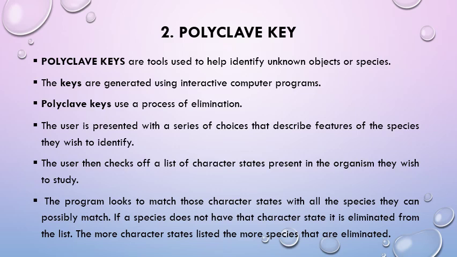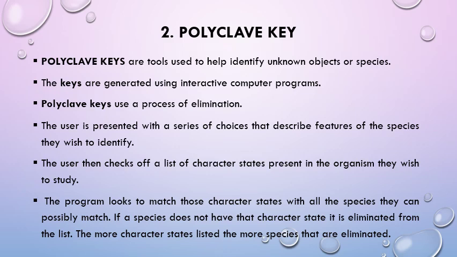Polyclave keys use a process of elimination like the dichotomous key. The user is presented with a series of choices that describe features of the species they wish to identify. The user then checks off a list of character states present in the organism they wish to study. The program looks to match the character states with all the species they can possibly match.